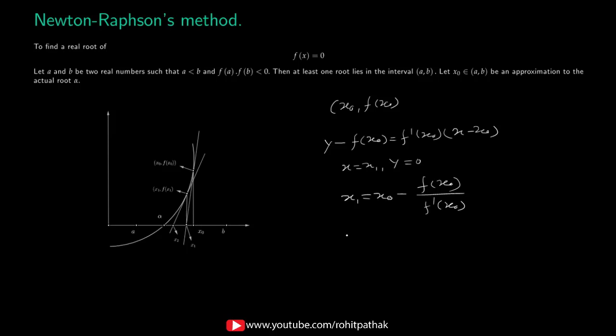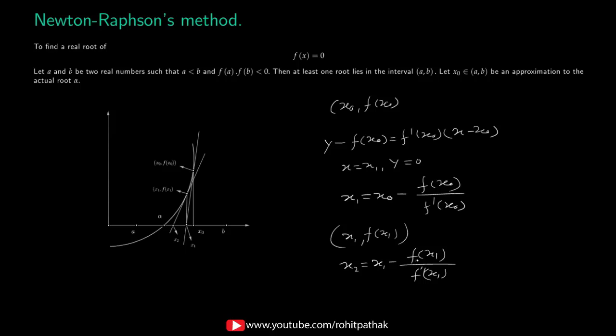Similarly, starting from x1, f of x1, we find the tangent at this point, and we take the new approximation x2 where it cuts the x-axis. So by repeating the same argument, we get x2 as x1 minus f of x1 divided by f dash x1.